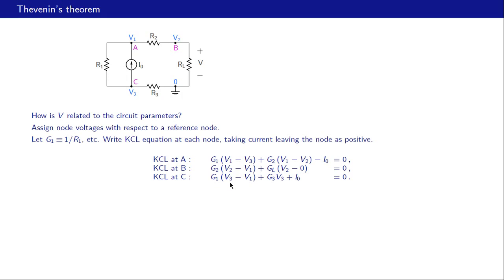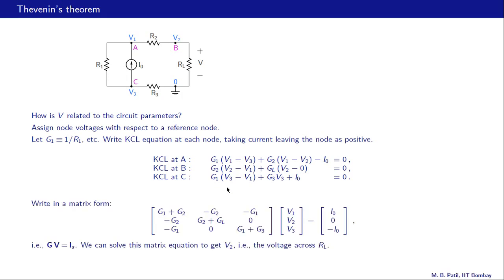And we can now write these equations in a matrix form like that. Let us look at one of these equations. Let's say the first one. This first equation comes from KCL at node A, and let us verify that. What is the coefficient of V1 in this equation? It is G1 plus G2, so that goes over there. That's going to multiply V1.